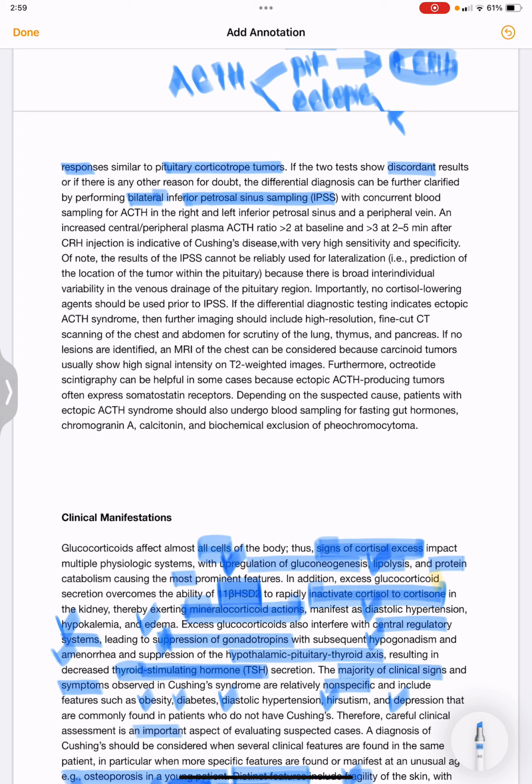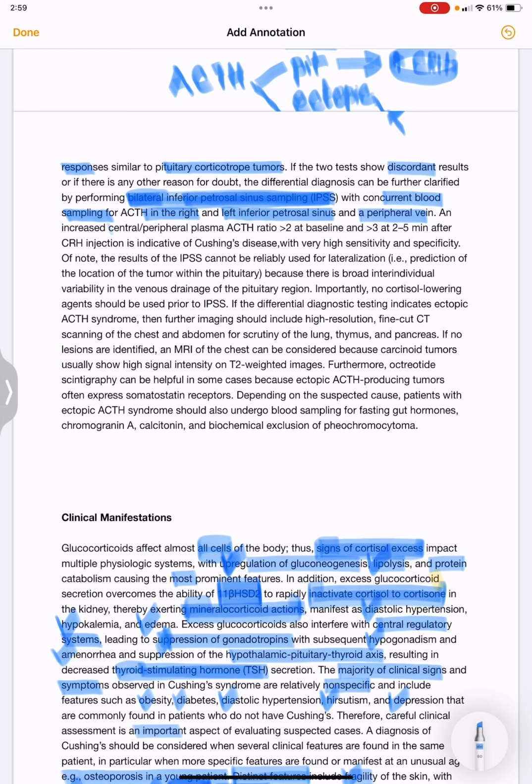Bilateral inferior petrosal sinus sampling has to be done, and this should be done with concurrent blood sampling for ACTH in the right and left inferior petrosal sinus and a peripheral vein.